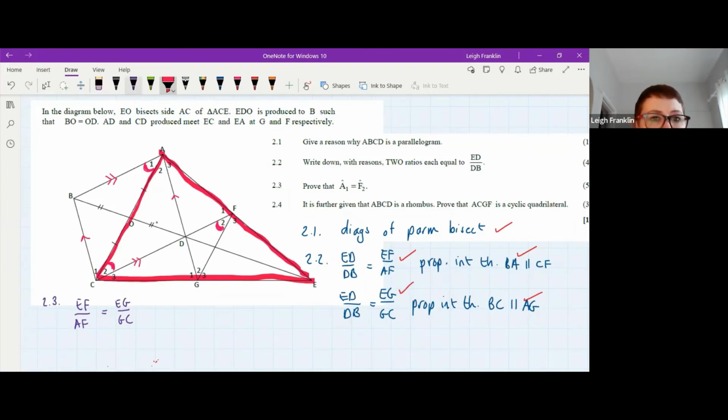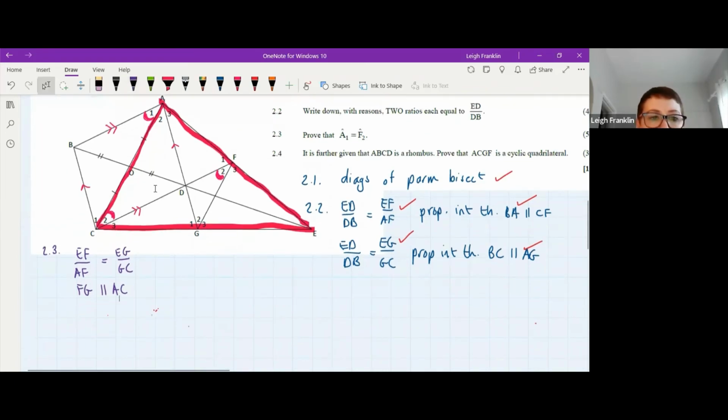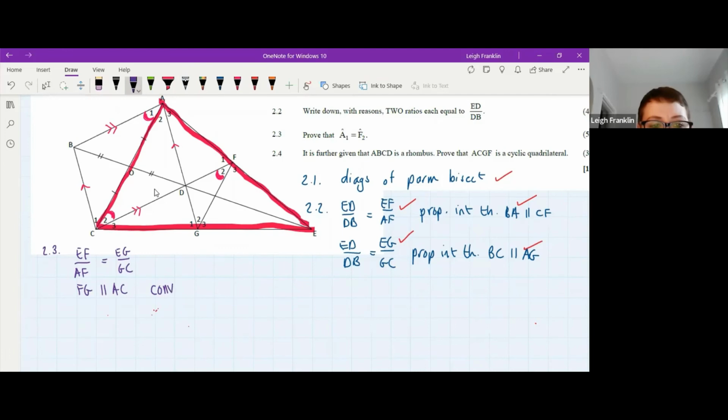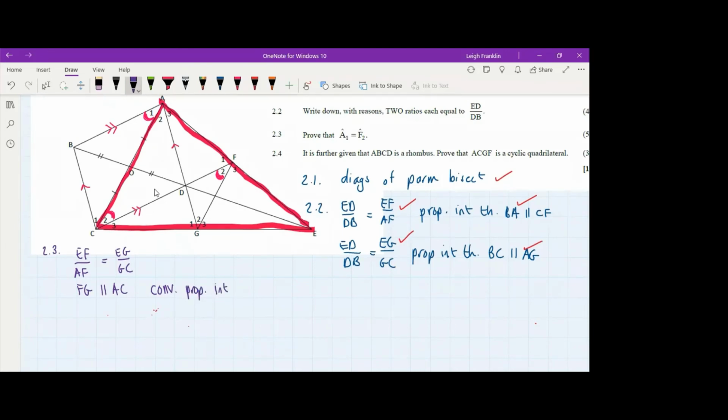So that means that FG is parallel to AC, and our reason is going to be? Converse. Okay, converse proportionality intercept theorem.